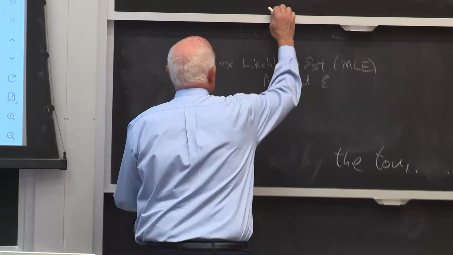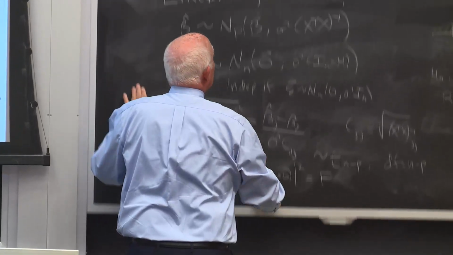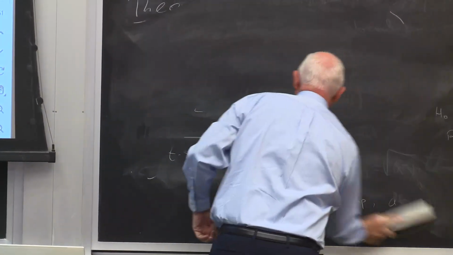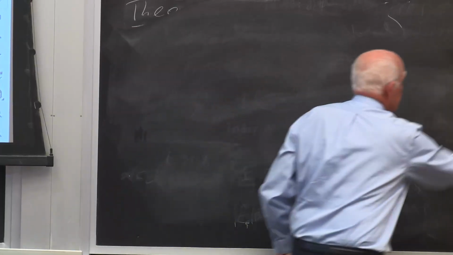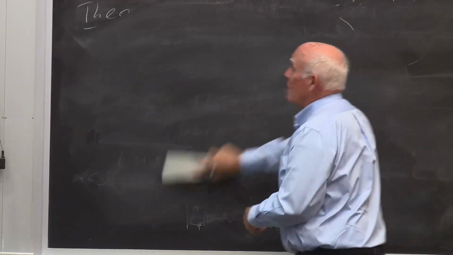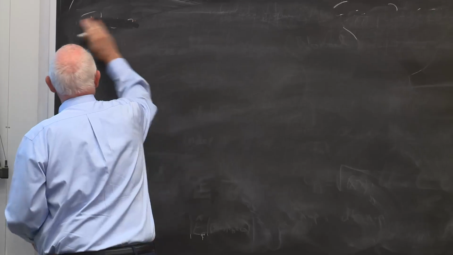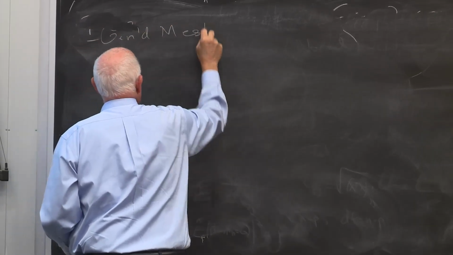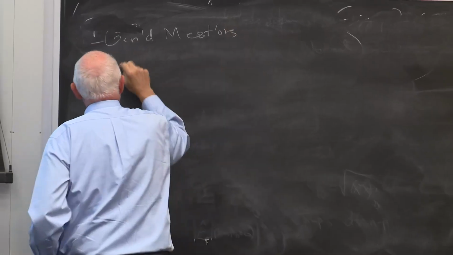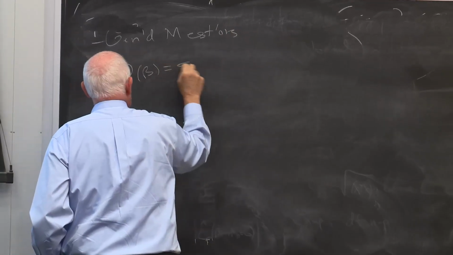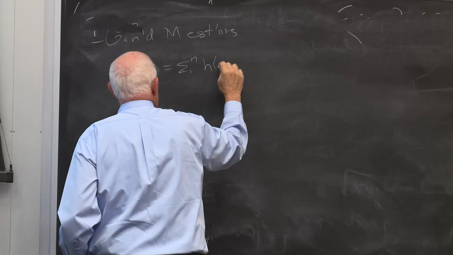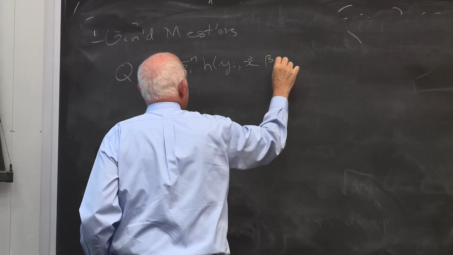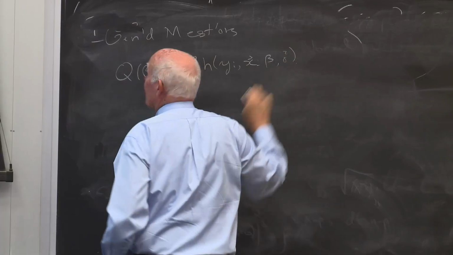So with generalized M estimators, we think of Q of beta being the sum from 1 to n of h of y i, x i beta, and sigma squared.